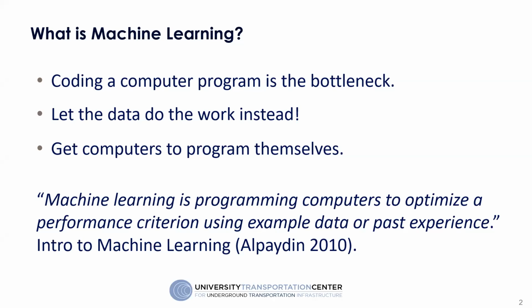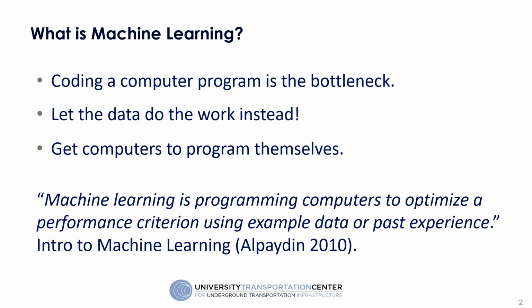Let me give a very quick and very easy introduction on what machine learning is. Typically, when we have a computer modeling problem, it is the computer program itself that is the bottleneck. It's the one that takes time, it takes effort to establish. But what if we could let the data do the work instead?